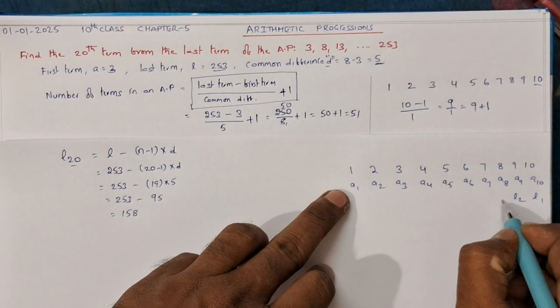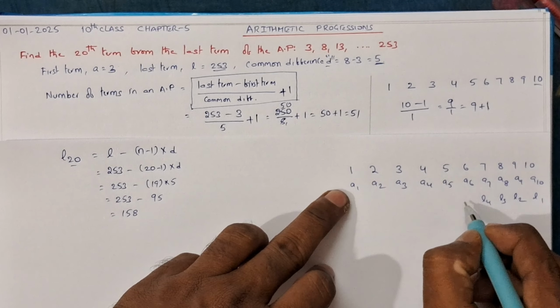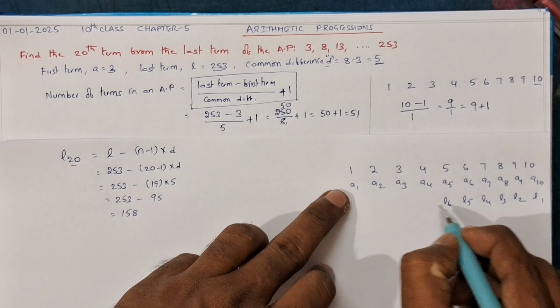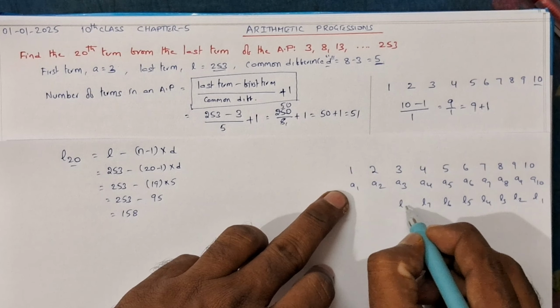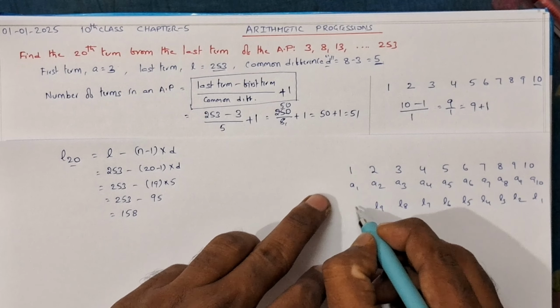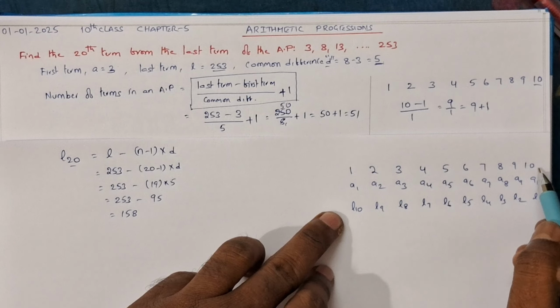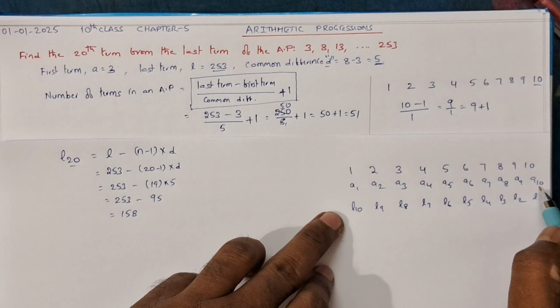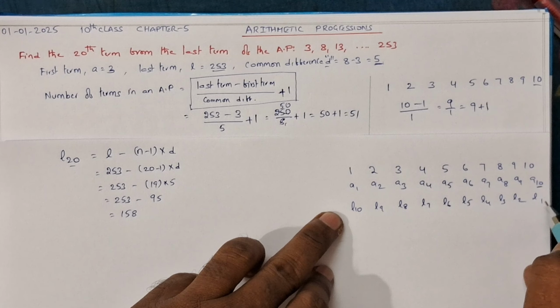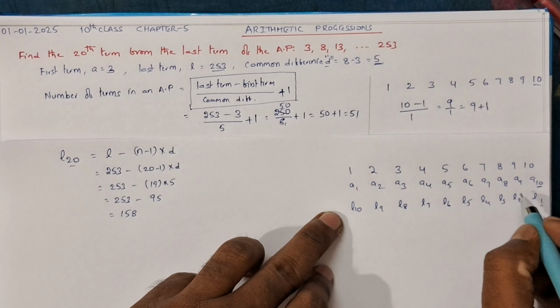L1, L2, L3, L4, L5, L6, L7, L8, L9, L10. Here there are only 10 terms. You see here from the first it is 10th term. Here it is 11th term. If you add these two, total becomes 11.